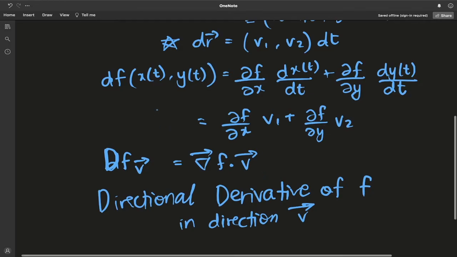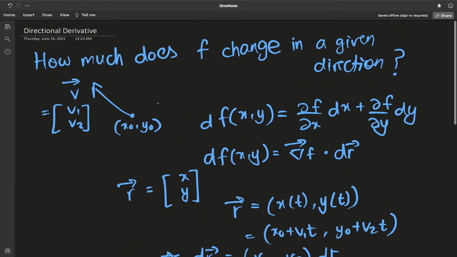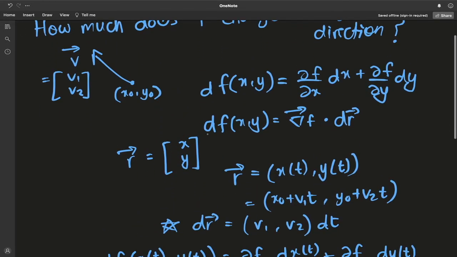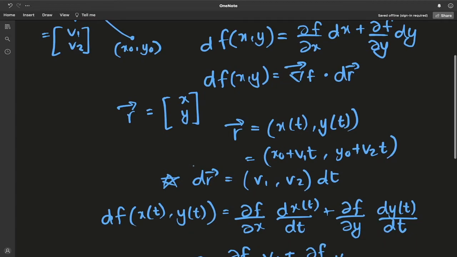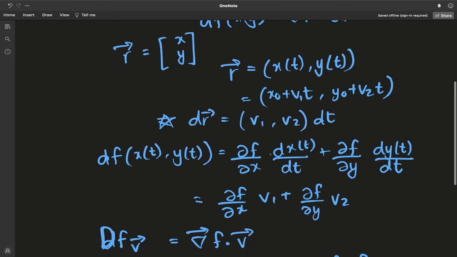And as you see, this easily generalizes to higher dimensions because you can parameterize a path. You can have x1 to xn, all functions of t, because you just want a single path. We can find starting points x1 naught, x2 naught till xn naught, differentiate them, and then you'll have more terms.